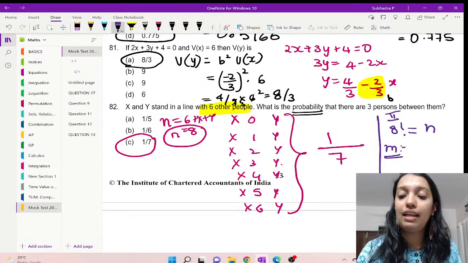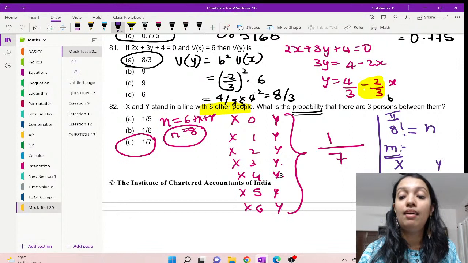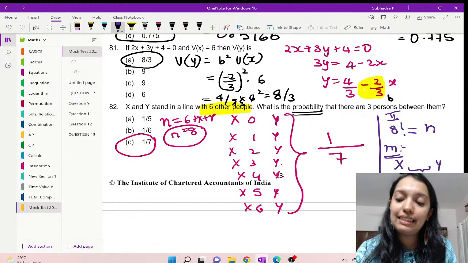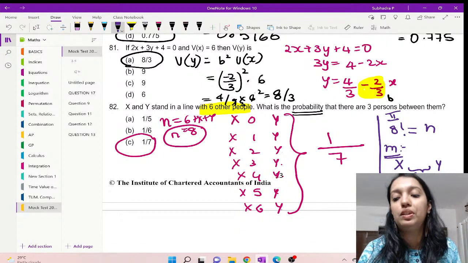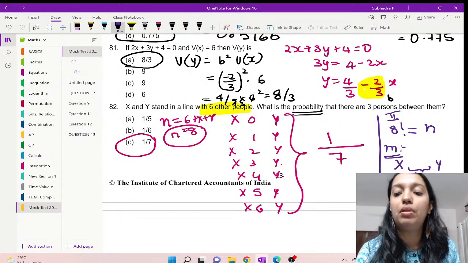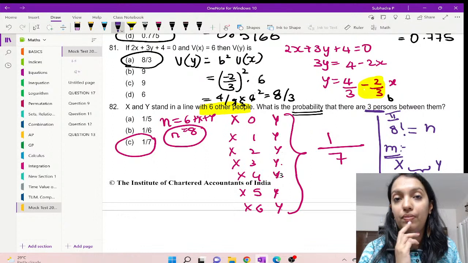Now if I arrange X and Y, in between them, remember that out of 6 people, only 3 persons can stand, because that's what they have given us in the question. Only 3 persons stand in between them.